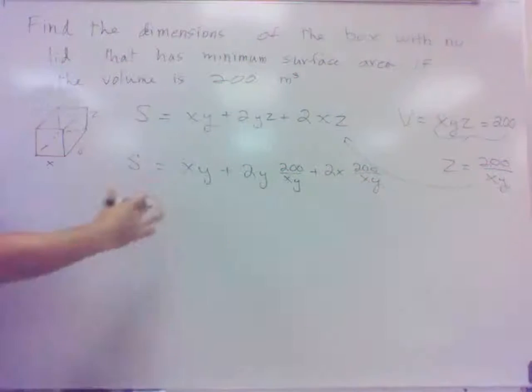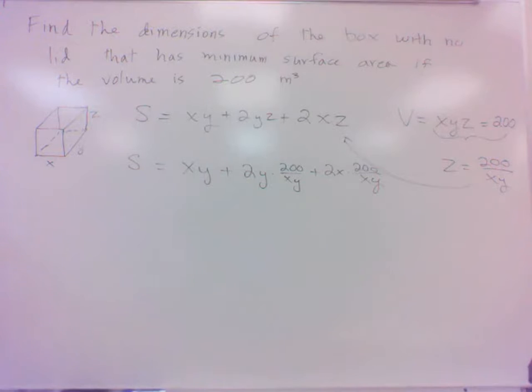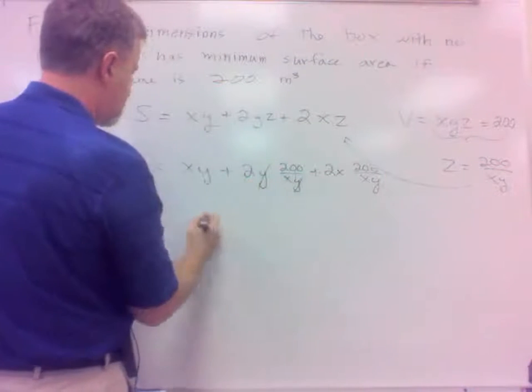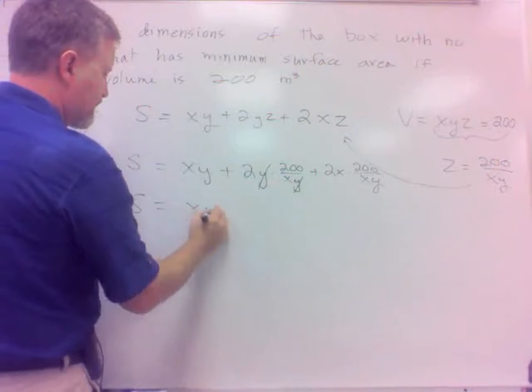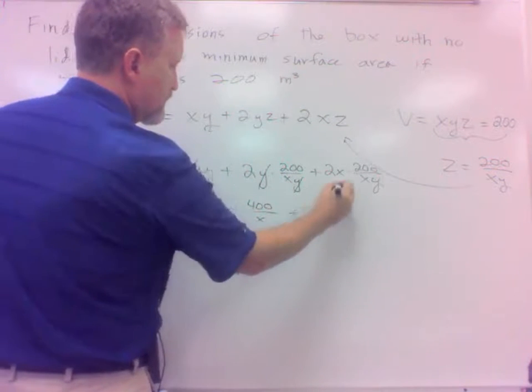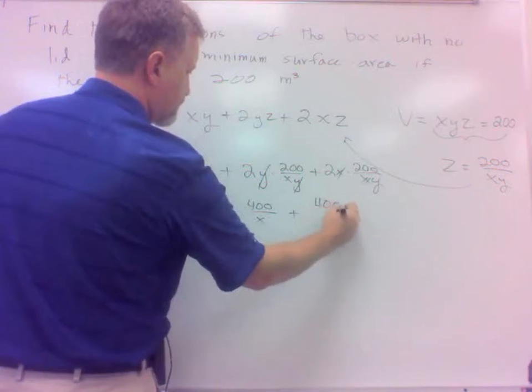Now we just have an xy equation, and we can find our minimum based off of our partial derivatives. It simplifies, of course, the y's cancel, so xy plus 400 over x plus 400 over y. Okay?